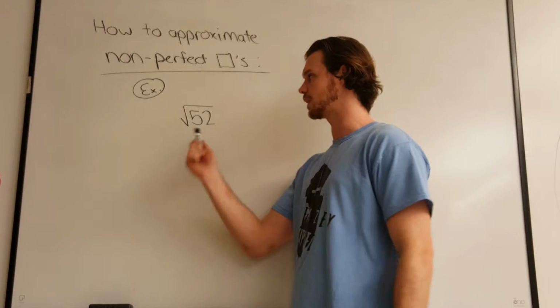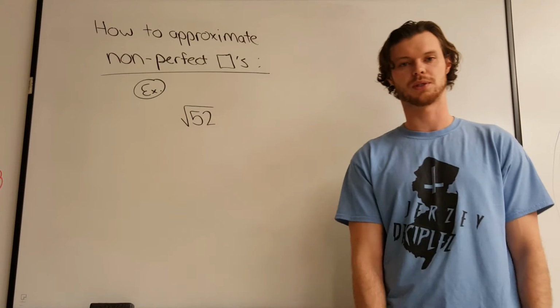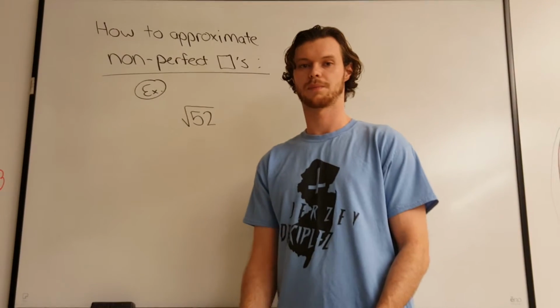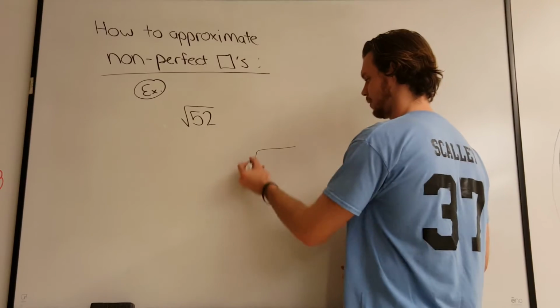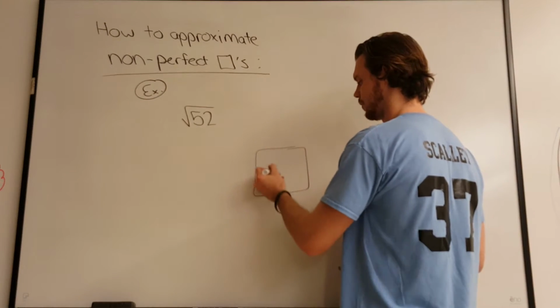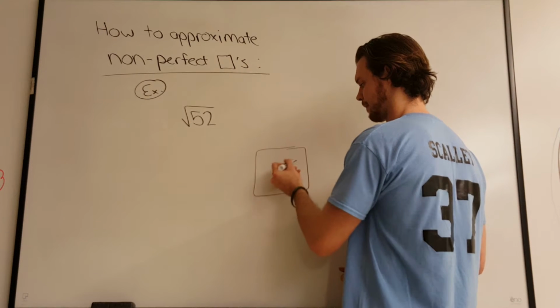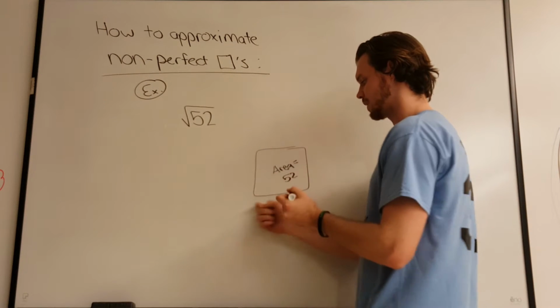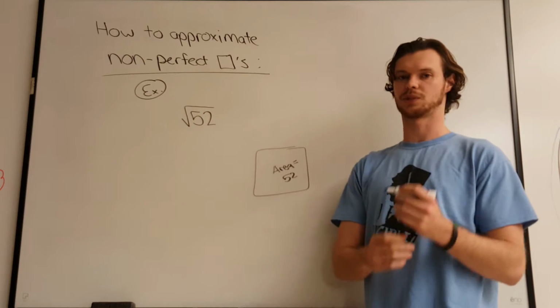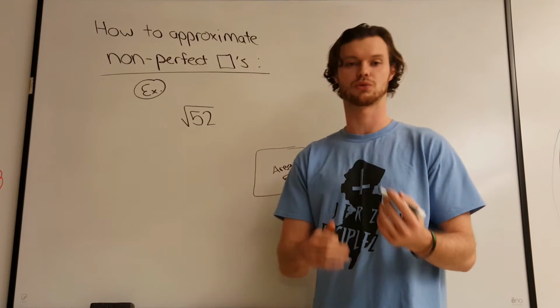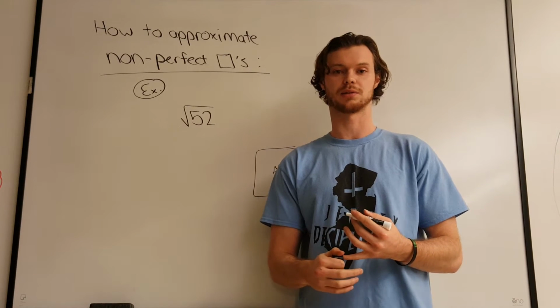So if you notice here, the example I have on the board is the square root of 52. It's not a perfect square. If I were to draw a square that had the area of 52, these side lengths would not be nice integer numbers. I would get decimals, and more specifically, I would get irrational numbers as answers.